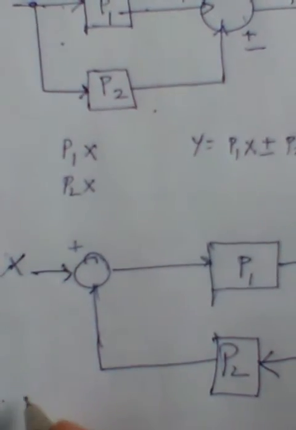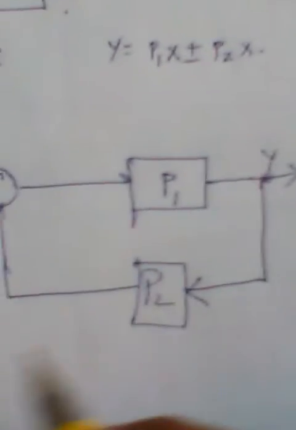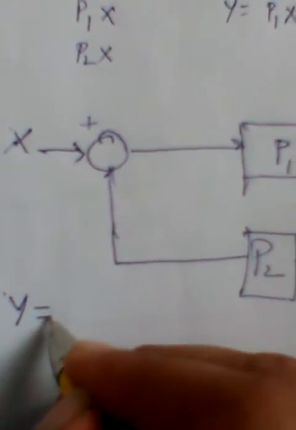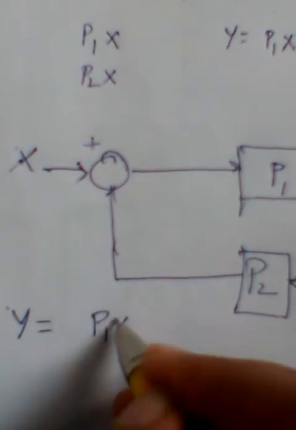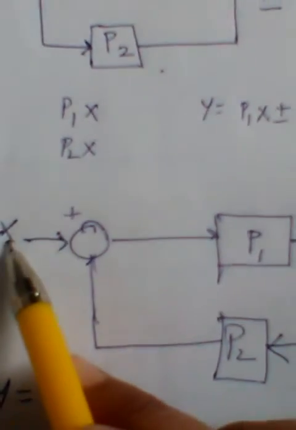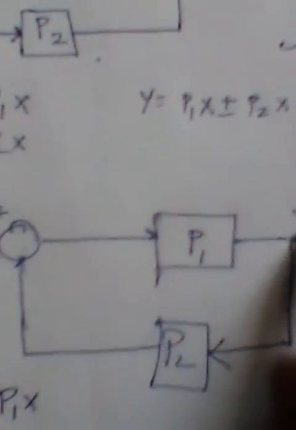I can say that y is going to be equal to p1x. What is p1x? Here you can say that the x is going to enter the p1, so it is going to come here as p1x.